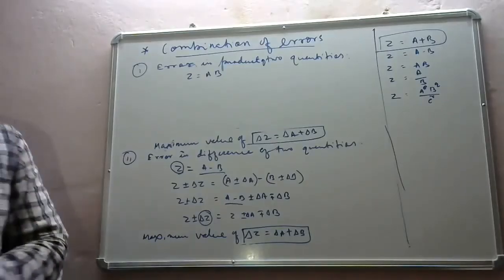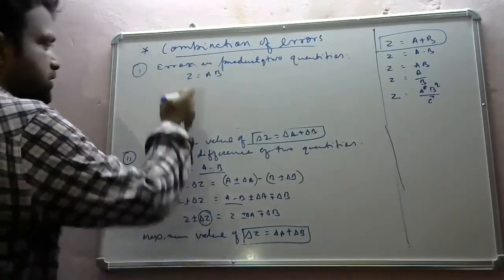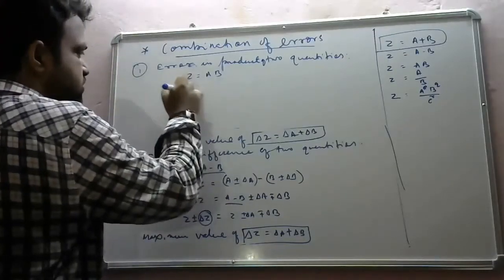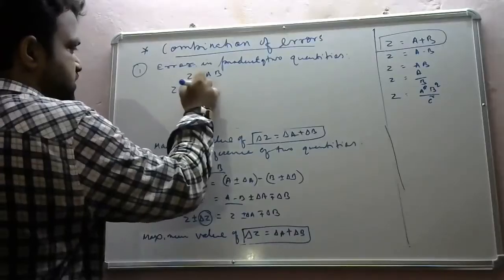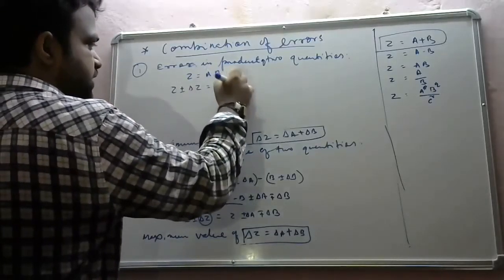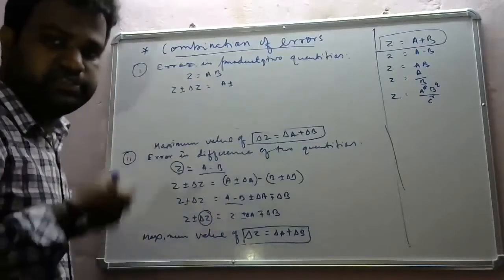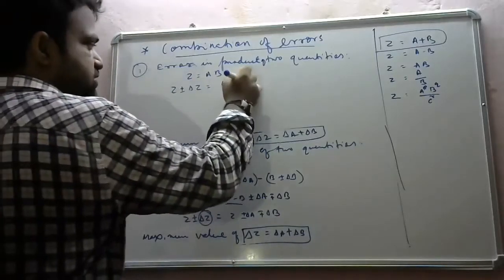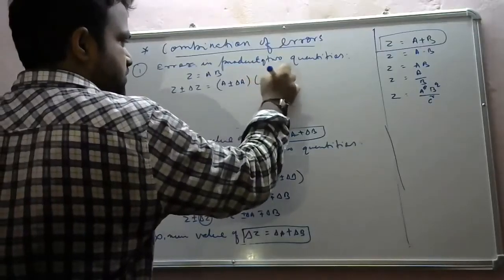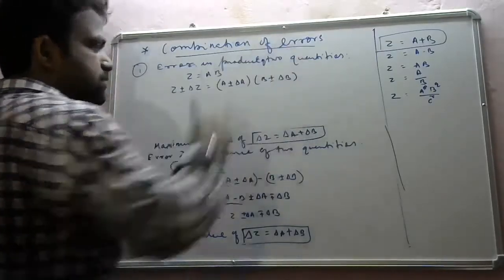So what will be the error in the result? The error in the result will be Z plus minus delta Z. Same procedure will follow. There will be some errors in the measurement of A, let's say this is delta A, and multiplication B plus minus delta B.